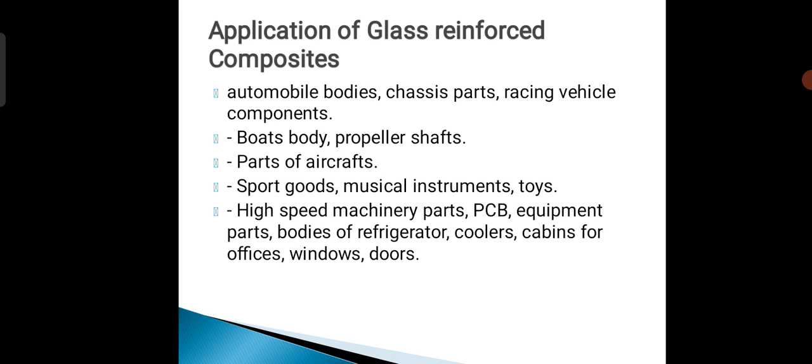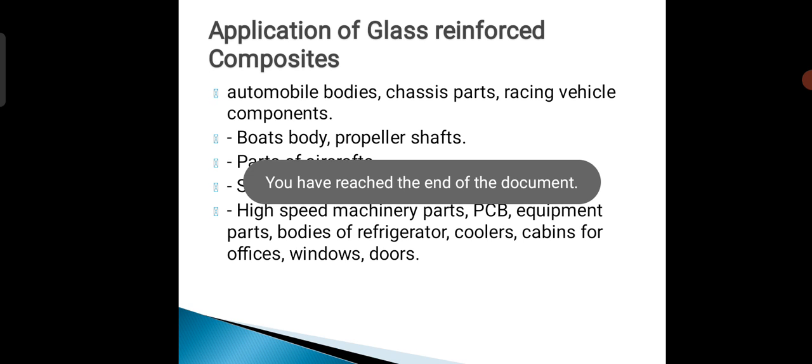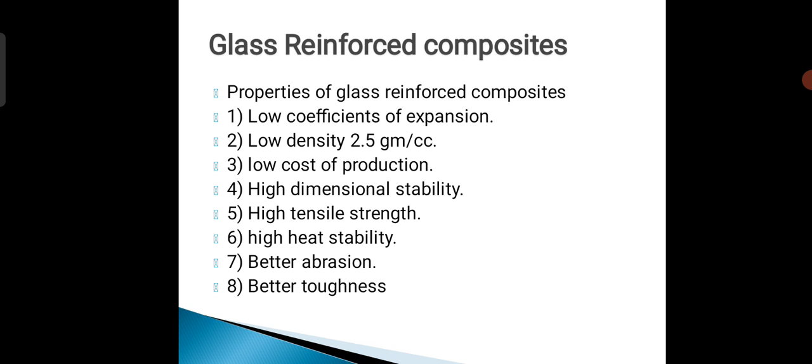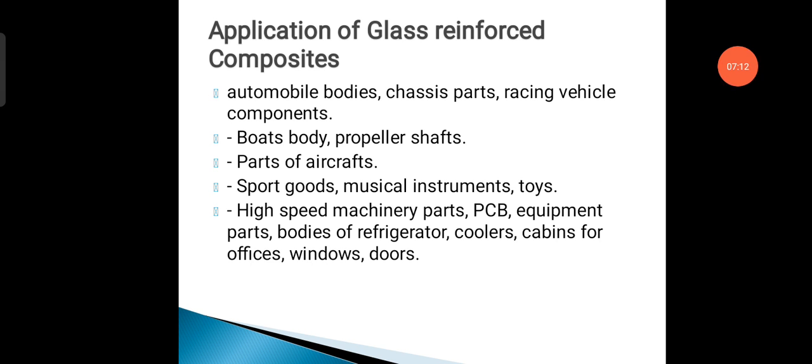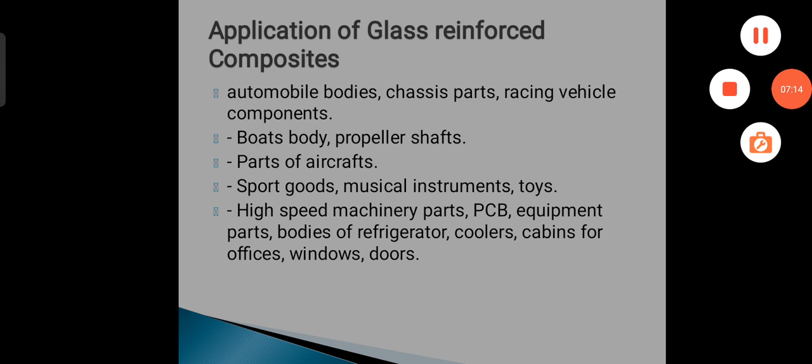Next, used for high speed machinery parts. Next, used for PCB equipment parts, bodies of refrigerators, coolers, cabins for offices, windows, doors, etc. These are the applications of the glass reinforced composite.